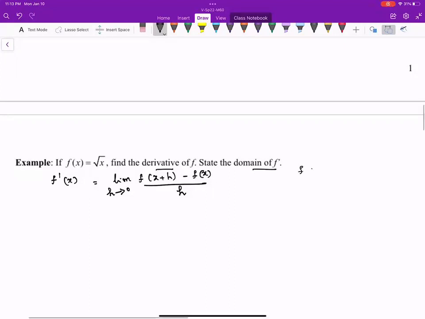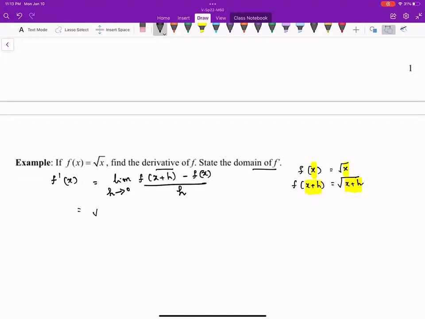So f of x in our problem is square root of x. f of x plus h is obtained by changing x to x plus h, so the input x changes to x plus h.